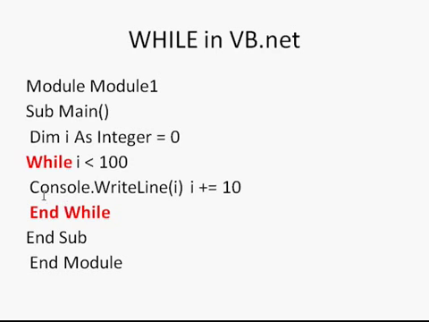So here it is incrementing I also. When I becomes 100, it goes out of the loop.